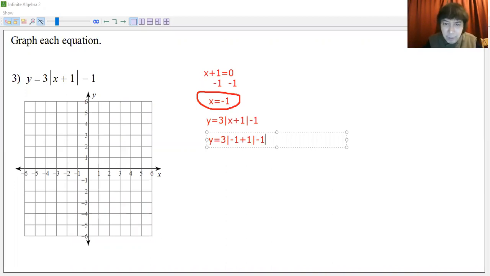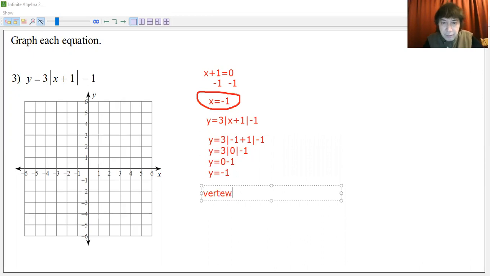This will be 3 times 0, minus 1, which is just 0 minus 1, and we have -1 as the answer. This will be our vertex, located at (-1, -1).